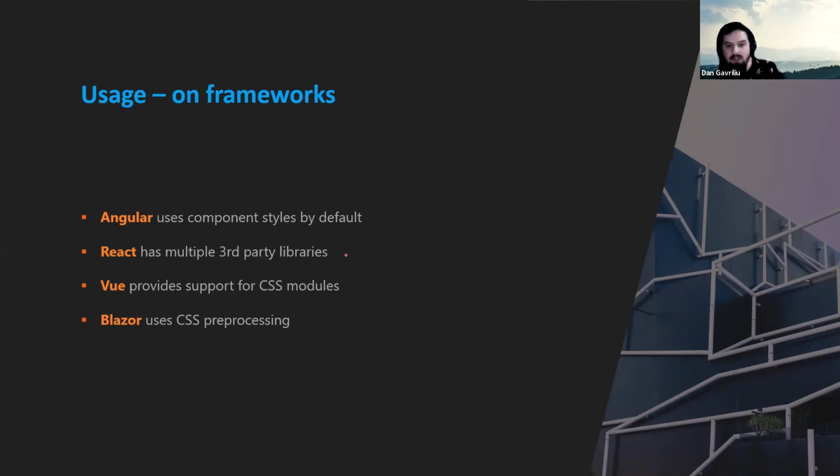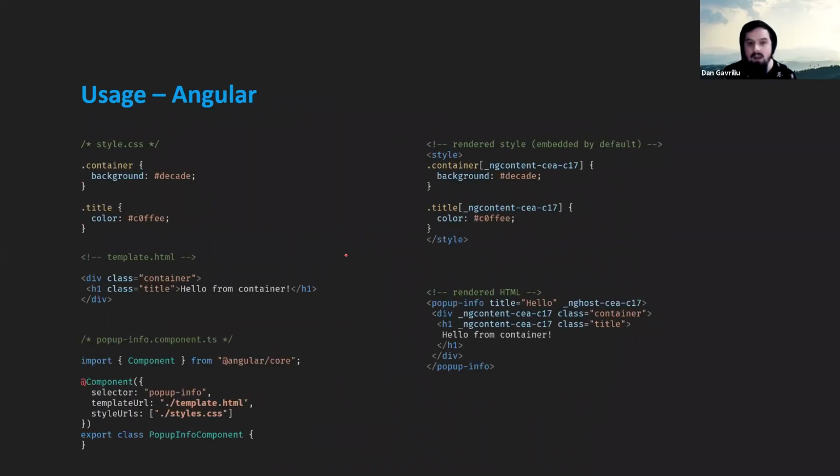And something that I was actually quite happy to find out: Blazor, which is the most hyped technology from Microsoft to date, is using CSS preprocessing as well. And from what I've seen, it does a fairly good job, actually.